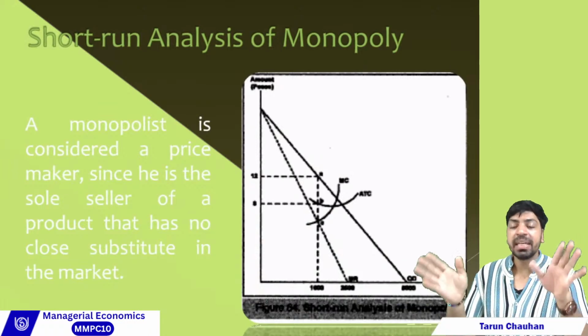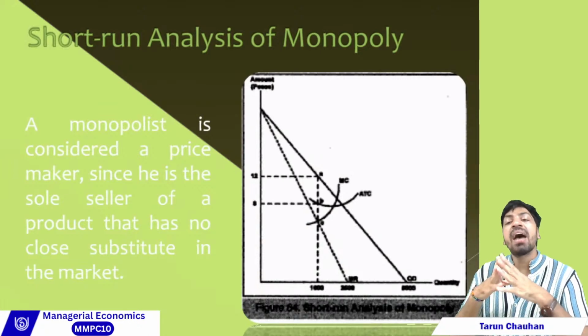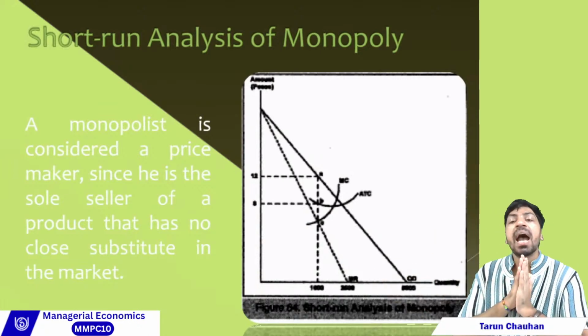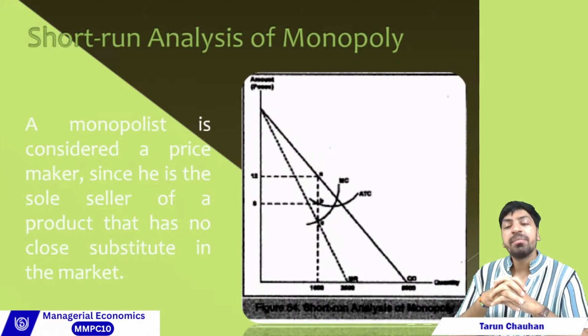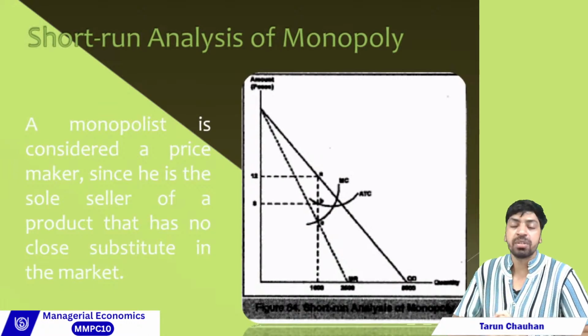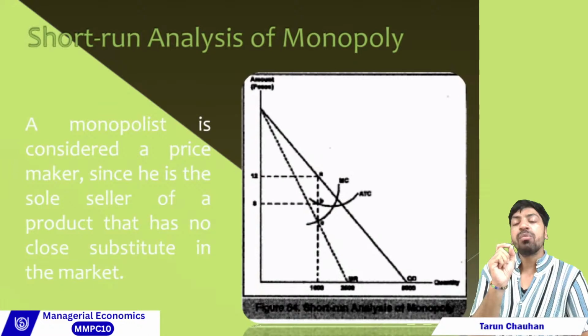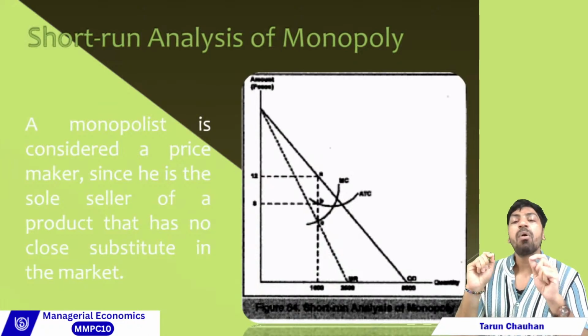Before I begin, let's draw the curves. You need to draw the average total cost curve and the marginal cost curve. First draw the average total cost curve, and at the minimum point draw the marginal cost curve, which intersects at the minimum point of average total cost. That particular point should be dotted before you draw the line.